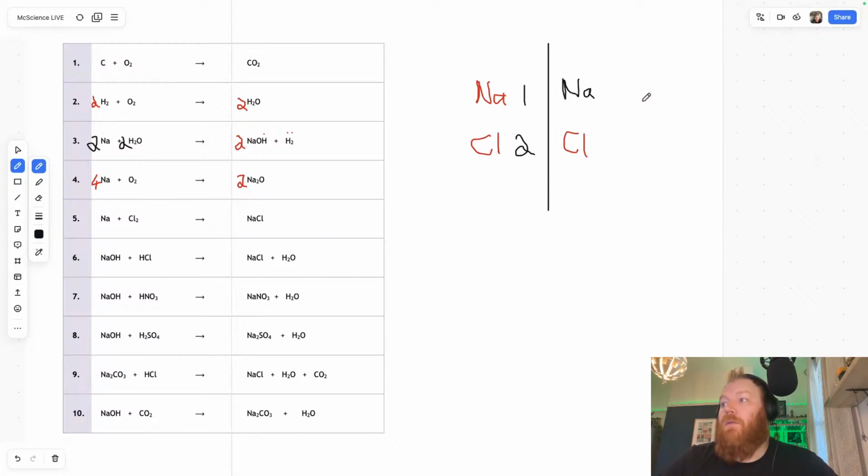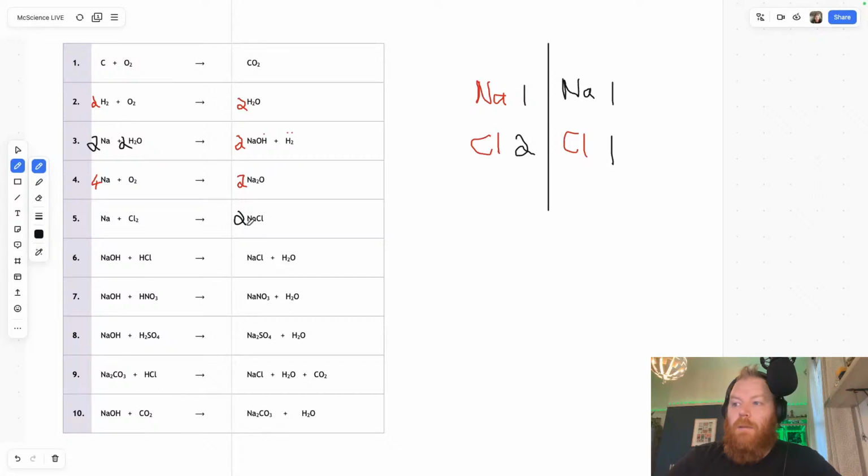And on my product side, I've got one sodium, one chlorine. Now, the sodium chloride as a whole obviously cannot be edited. I can't just put a 2 at the end of the NaCl because that's no longer sodium chloride, but I can double it because I can have 2 molecules of sodium chloride.